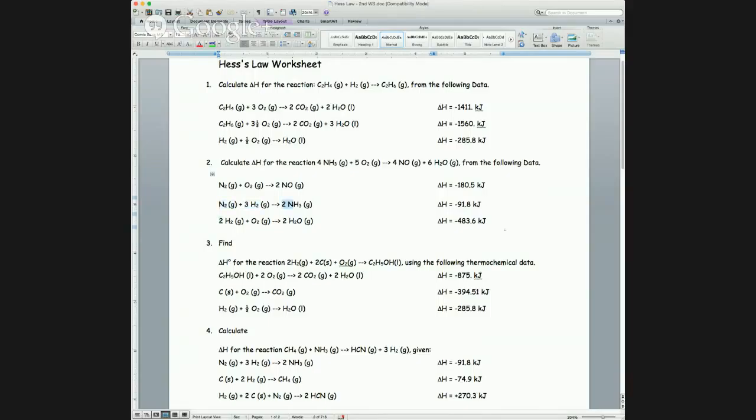It's not in the other 2 reactions, but it's on the other side here. You can see it's on the reactant side here, and here it's on the product side. So we're going to have to flip it, and it's 4NH3, and this is only 2. So we're going to have to flip it and multiply it by 2. So it's going to be positive 183.6 or 16, I don't know, something like that.